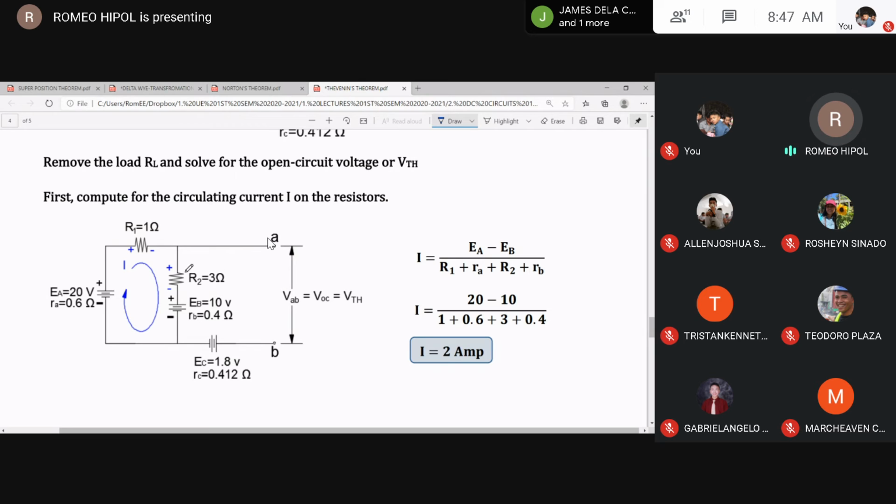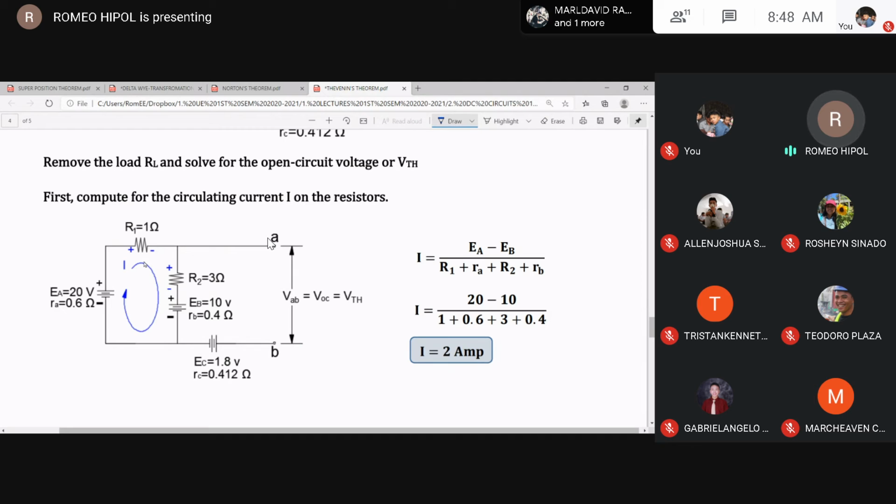Hindi nyo rin siya pwede i-set as 0 kasi hindi naman siya open circuit. Naintindihan? So, importante na kunin muna yung circulating current. So, by applying KVL on this closed loop, nag-assume ulit tayo ng current direction following the conventional flow. Nakuha. So, yun yung current direction natin. Then next is, we have the formula.